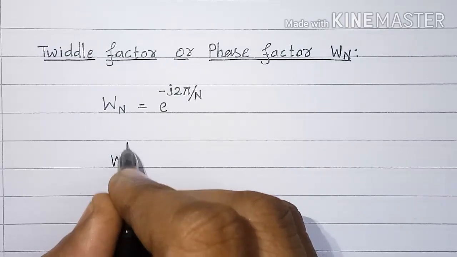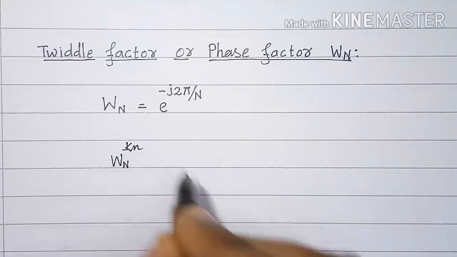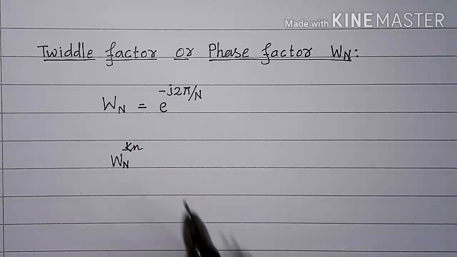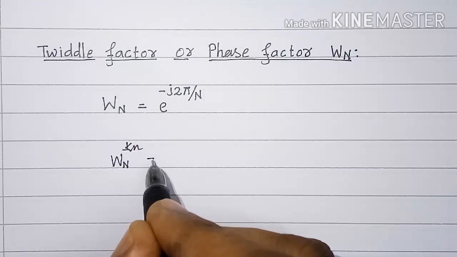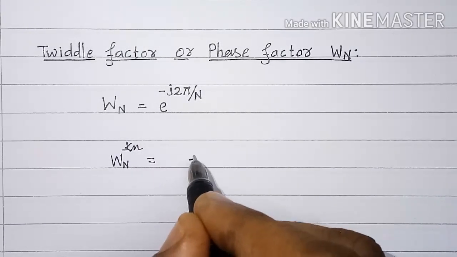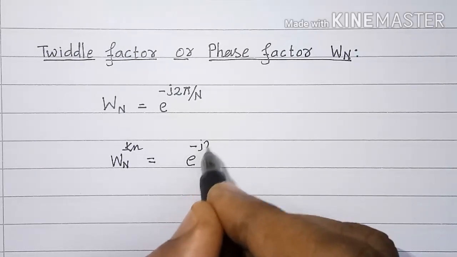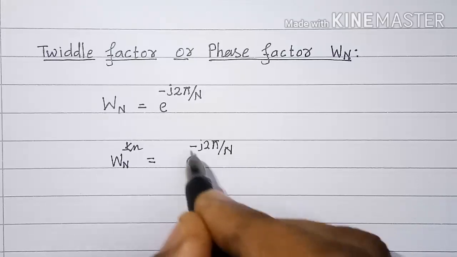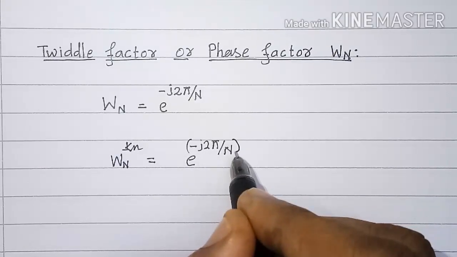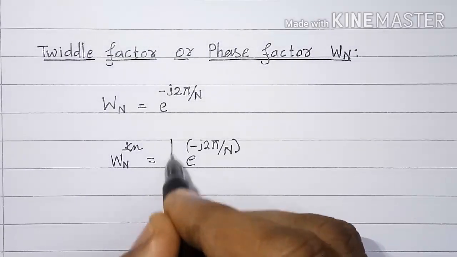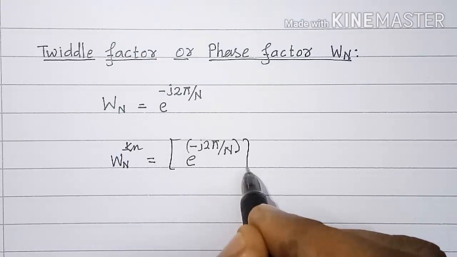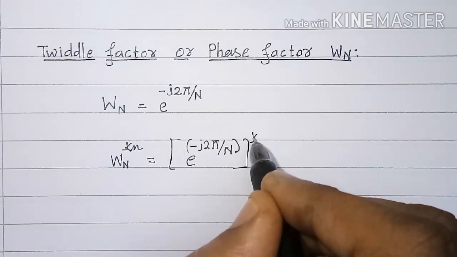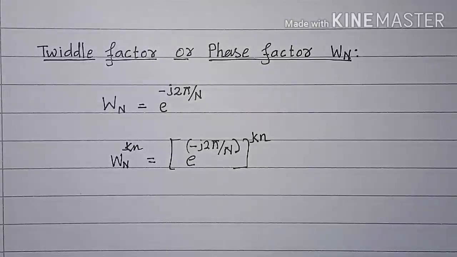Wn raised to kn means e raised to minus j 2 pi by n, whole raised to kn.